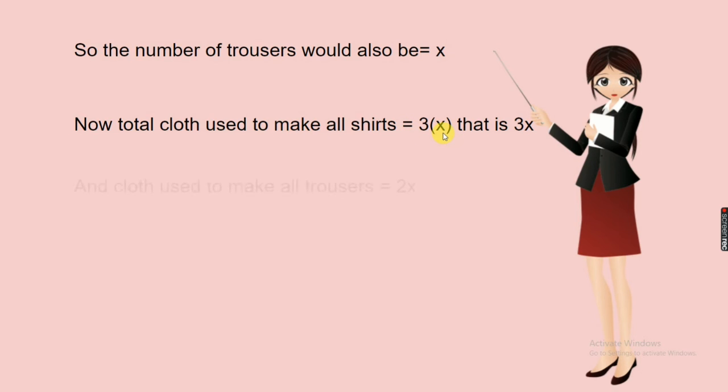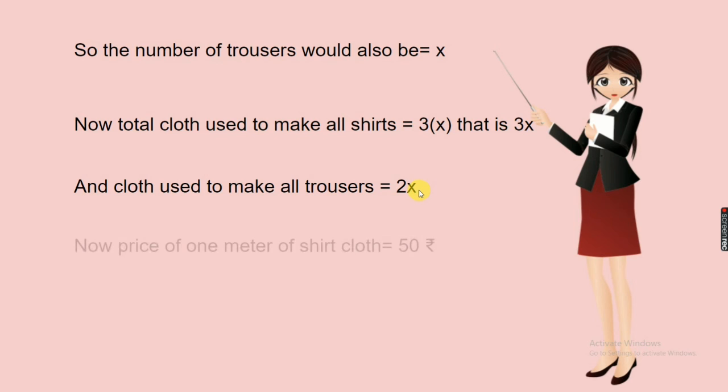Okay, now the cloth used to make X trousers is 2X, because one trouser needs 2 meters of cloth. Cloth needed to make all trousers would be equal to 2X meters.